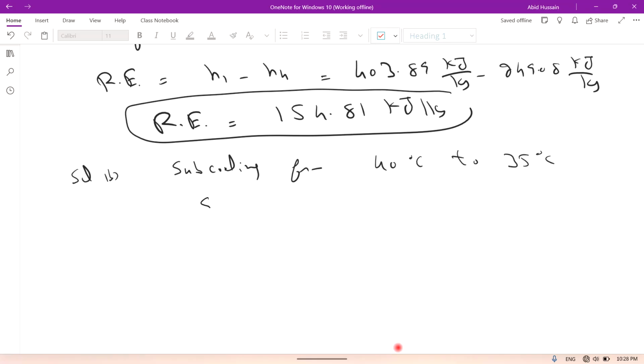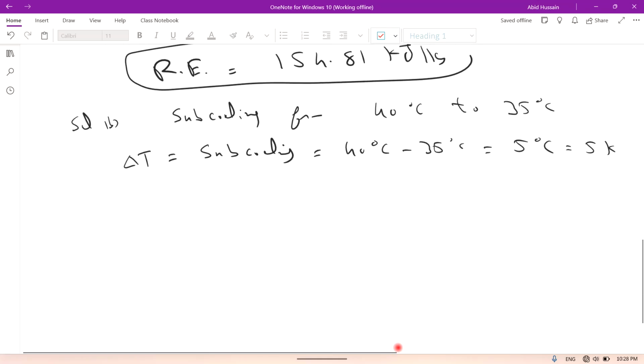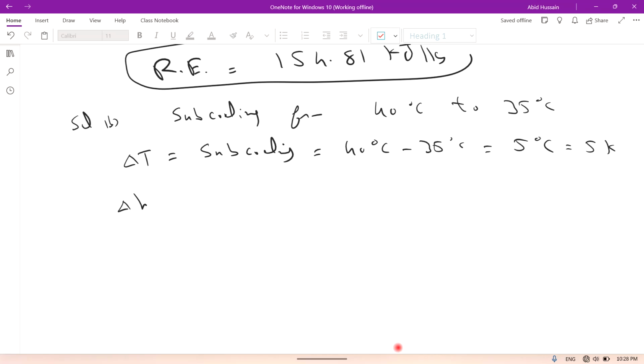So subcooling is 40 degrees centigrade minus 35 degrees centigrade, which is equal to 5, and we can write this difference as 5 Kelvin, which is equal to del T. The change in enthalpy is equal to Cp del T, where Cp is the specific heat at constant pressure.